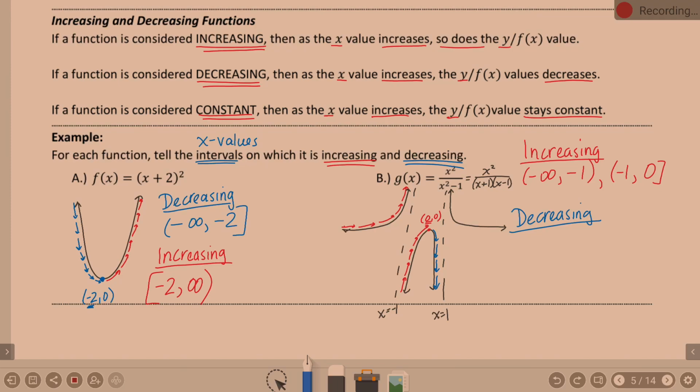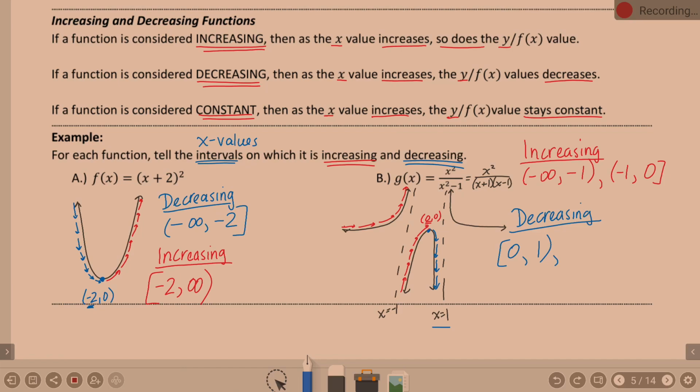At 0, the place we stopped increasing. 0 with a bracket because it's a point on the graph. Now, we're decreasing, decreasing, decreasing. What are we decreasing to? What x value? The asymptote of 1. Because it's an asymptote, I'm going to use a parenthesis.